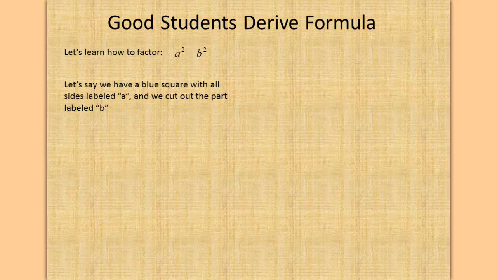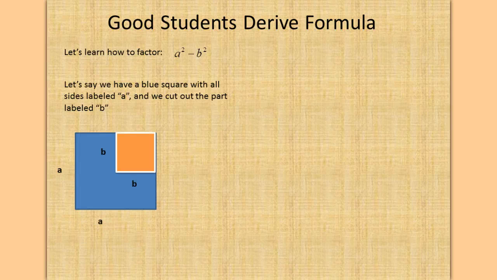Let's say we have a blue square with all sides labeled a, and we cut out the part labeled b. So we have a blue square here. All sides are a: the right side, the bottom, the left side, and the top.